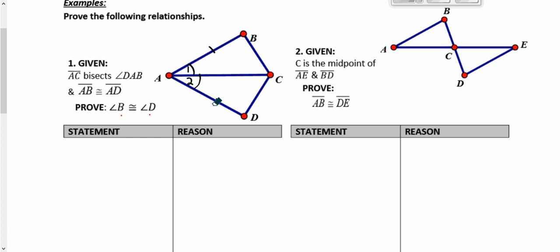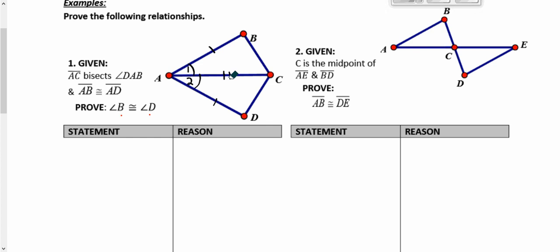We probably just need to find one more congruency in there to get the triangles congruent, and you're on your way. So what's the other congruency in here that we need to get the triangles congruent? Okay, AC is congruent to AC. What would be your reason for that? Because of the reflexive property.